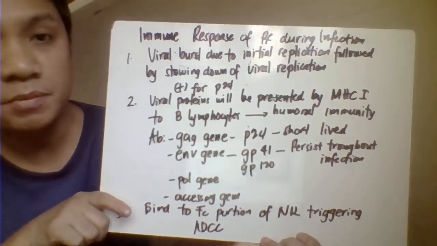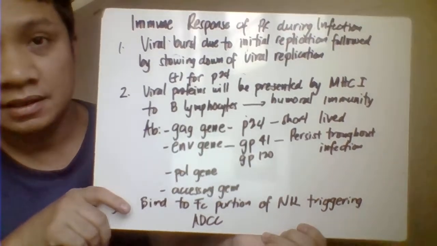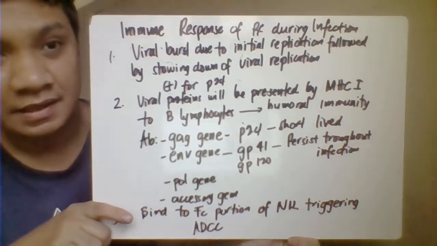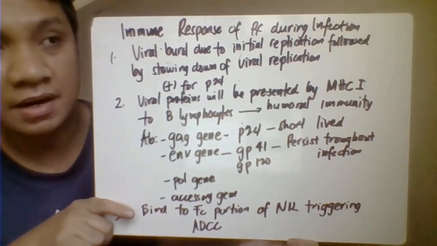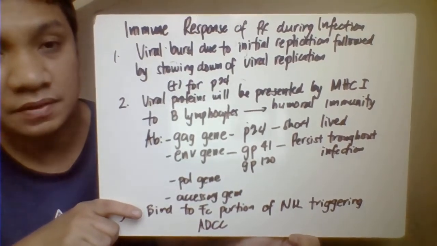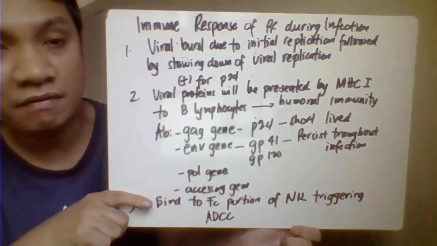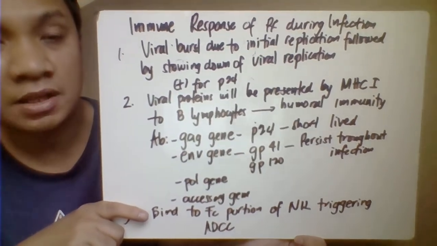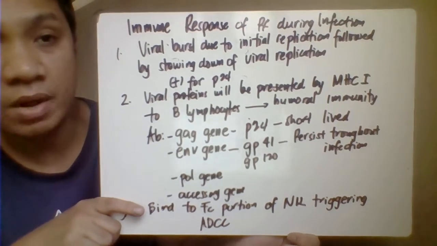Okay, then we have the immune response of the patient once you have the viral replication process. So number one, the patient, with the initial replication process, would have the viral burst, followed by slowing down of the viral replication. But because of the product of the viral replication, the patient will be positive for the P24.